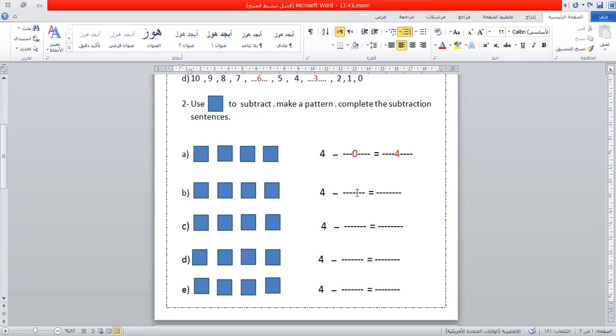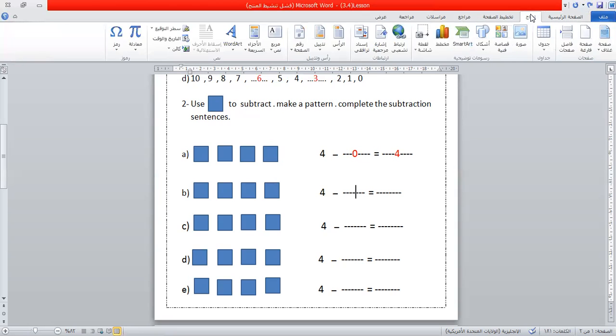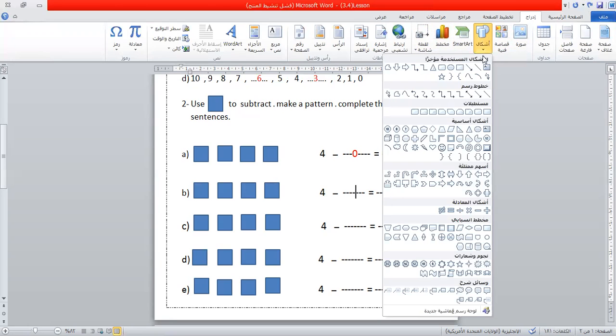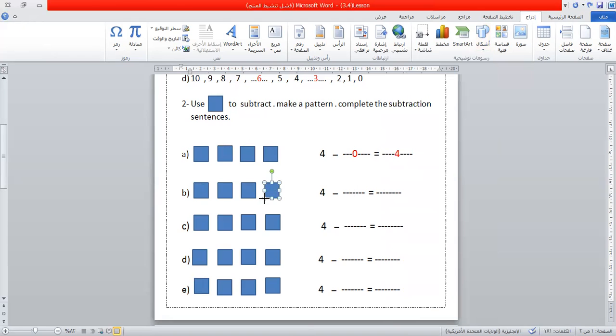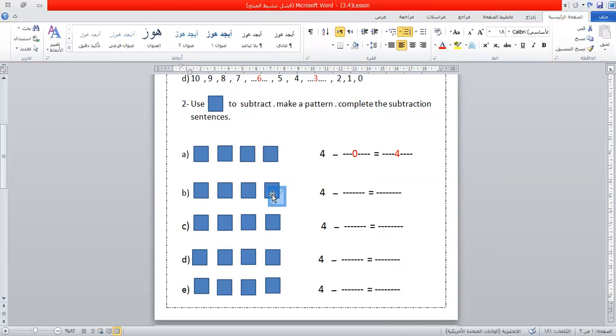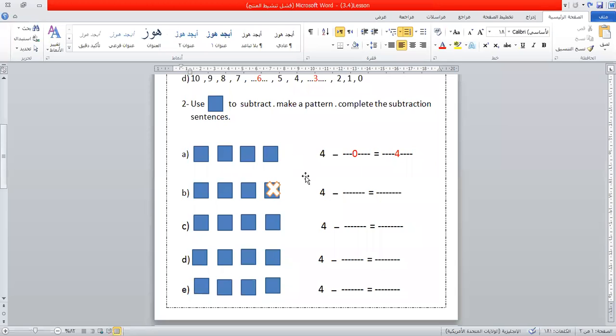Okay, I can cross out one square, like this. Yes, I can cross out one square.